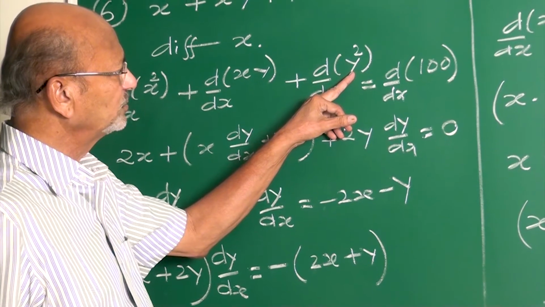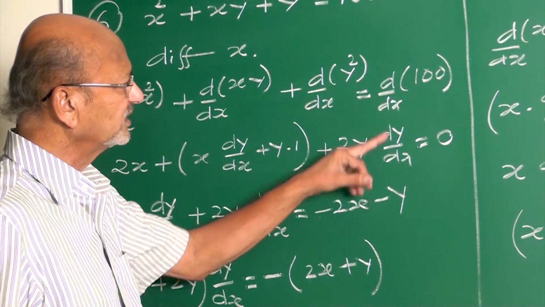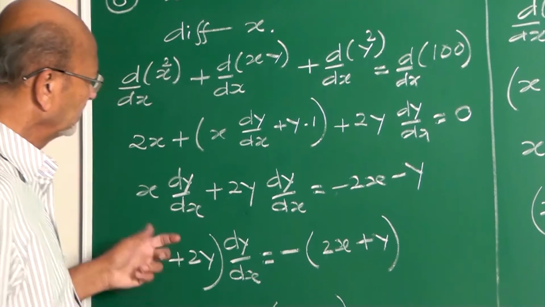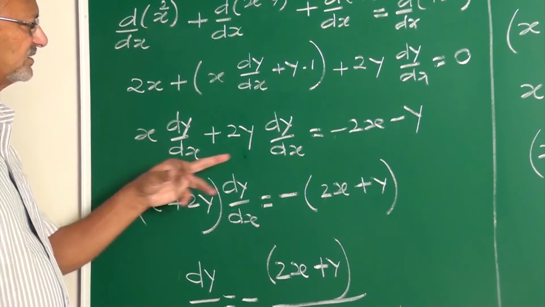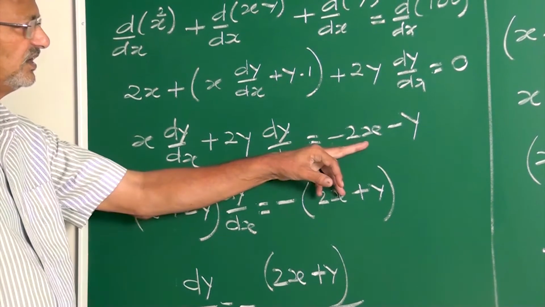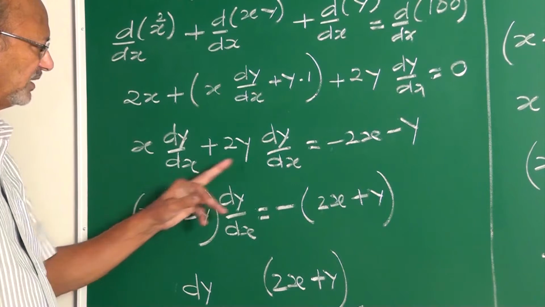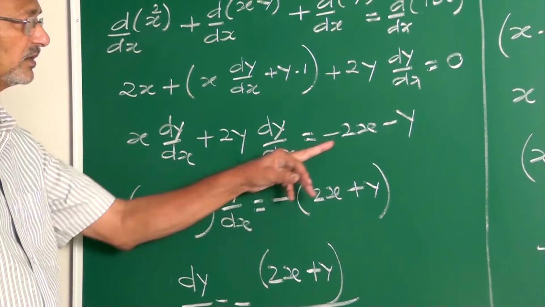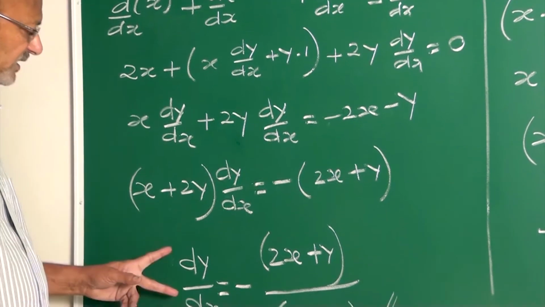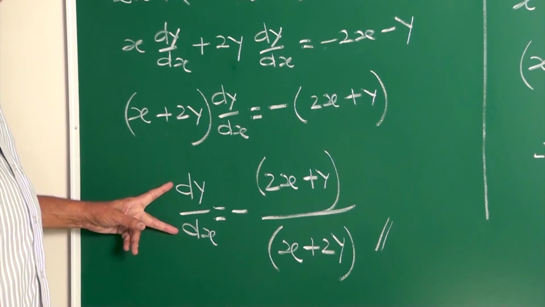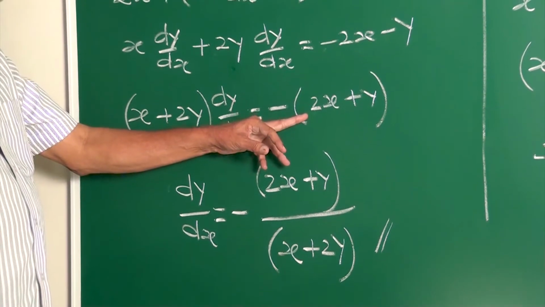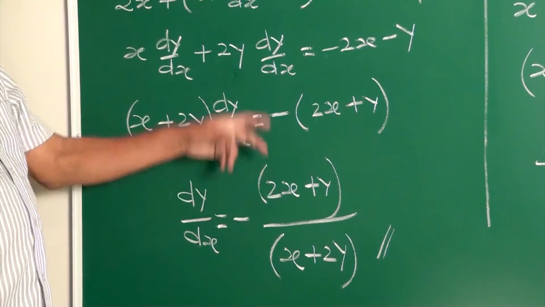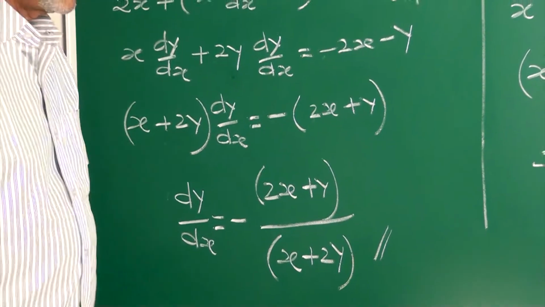Y square with respect to y is 2y into dy by dx. 100 being a constant, let it be 0. Collect dy by dx one side, free terms the other side. Dy by dx is common: x plus 2y equal to minus, 2x plus y common. Final step, solve for dy by dx: minus (2x plus y) upon (x plus 2y). This is the solution of our first example.